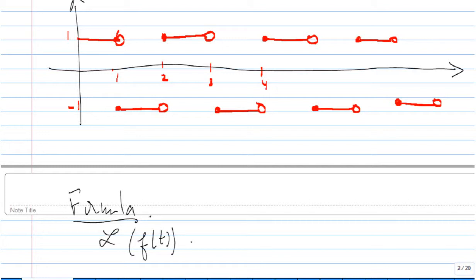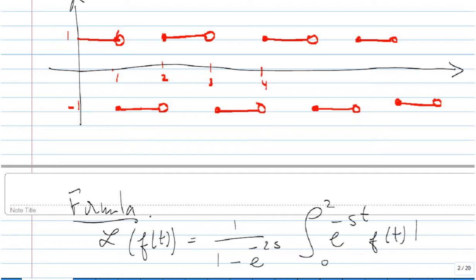So the Laplace of f of t is equal to 1 over 1 minus e to the minus 2s, times the integral from 0 to 2 of e to the minus st f of t dt. This is the formula for periodic functions.